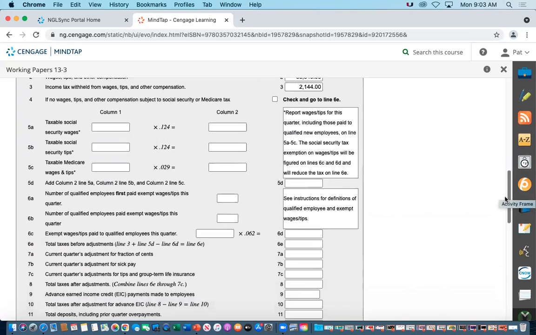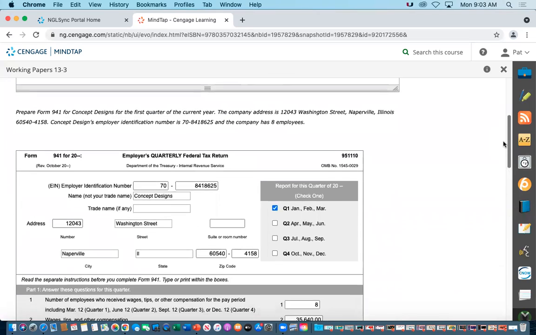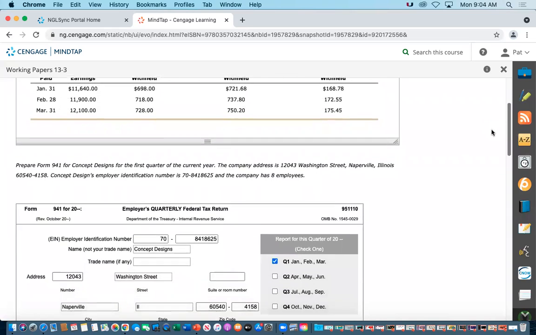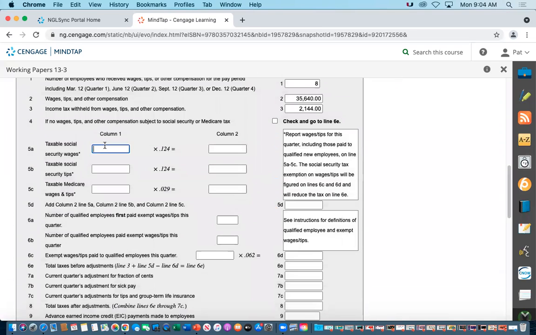Now, taxable Social Security wages. We're saying all these wages, it's the first quarter, none of them are over their 7,000, so everything's taxable earnings. So we put 35,640 here. Now, why are we multiplying again by 12.4? Because we have to pay the Social Security for what we withheld plus what we owe them.